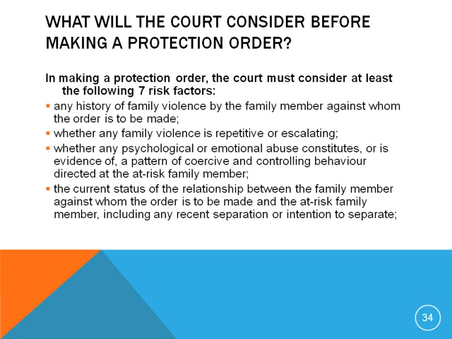We know that emotional and psychological harm is looked at as family violence. So if you're seeing, over 5 years or 2 years, tons of text messages and emails, or someone's car getting towed every month for the last 6 months, you're going to want to mention that as repetitive and escalating family violence.